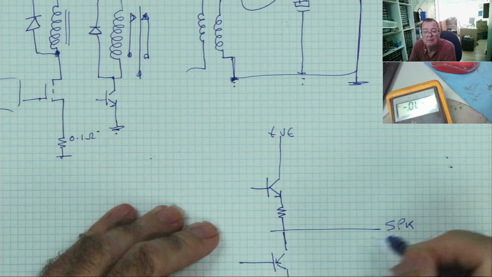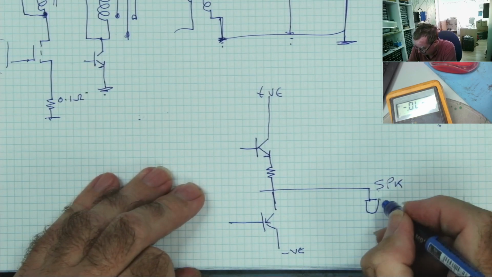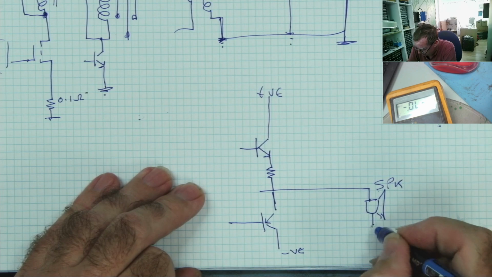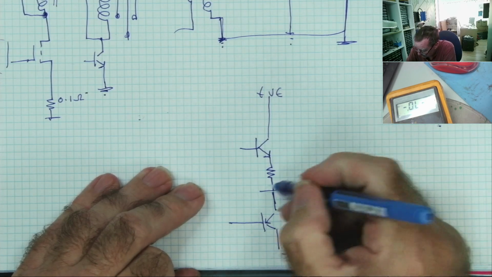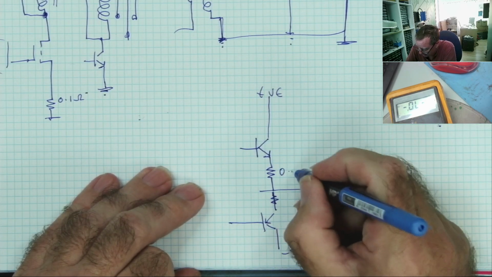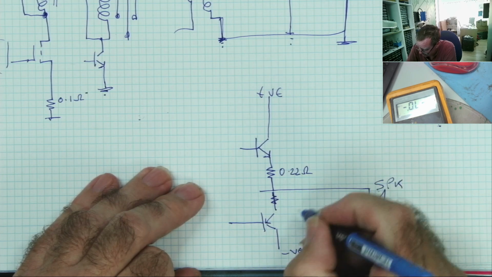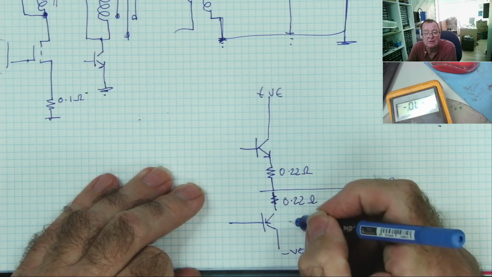base, okay? You'll have that sort of circuit, and this goes speaker to ground, plus and minus drive. Now, these resistors, and we can only draw one, are normally about 0.22 of an ohm. That's the emitter resistors.